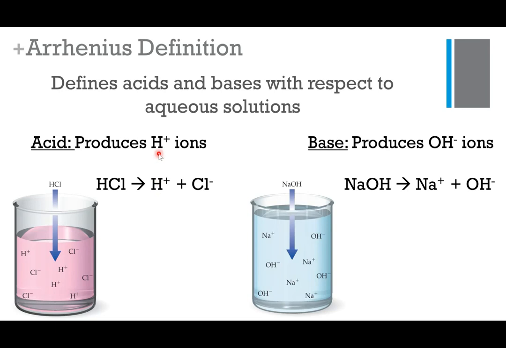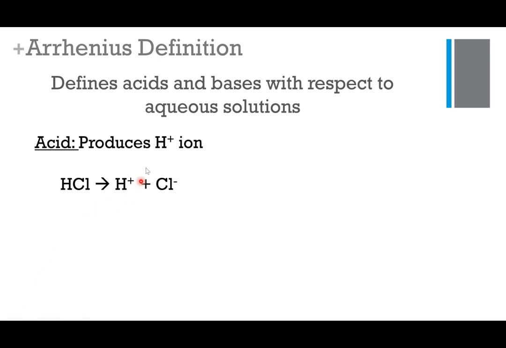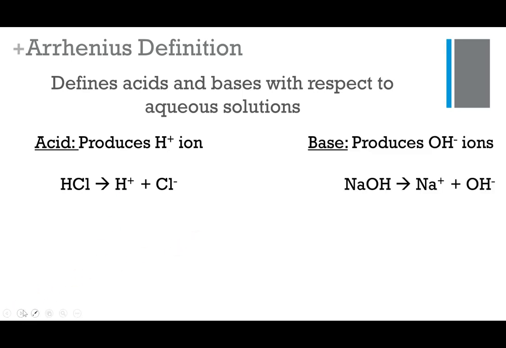Since we're talking about aqueous solutions, what often happens is this hydrogen will see a water molecule floating nearby, and it will essentially attack that water molecule. It says, I'm really unstable like this, but if I attach myself to this guy, I'll be a little bit more stable. The big take home here is you will see this H3O written in textbooks.